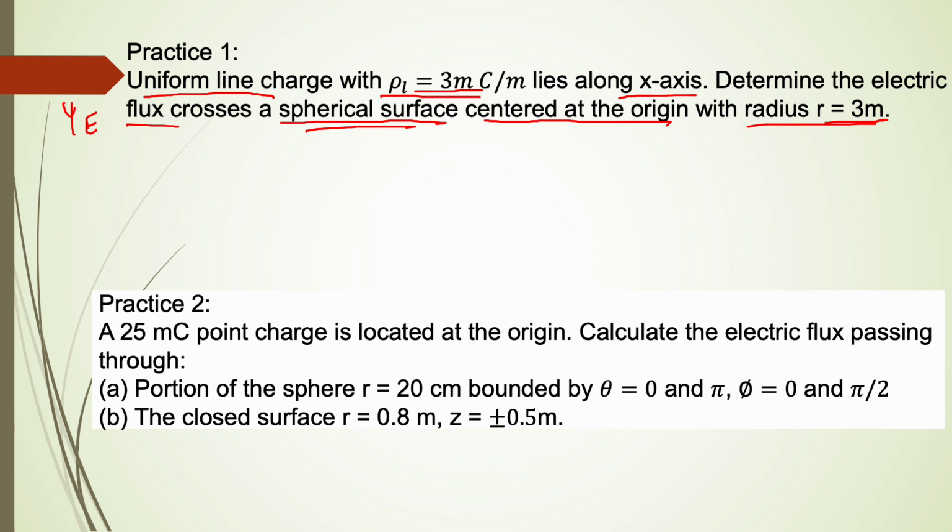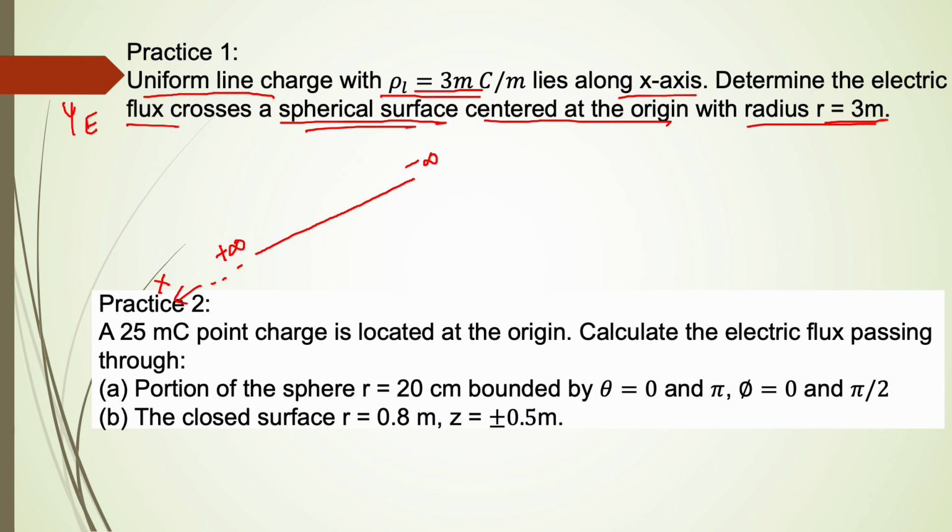So if we illustrate the structure, we have an infinite line. We don't know where it starts and where the line extends to. So we know it is an infinite line along the x-axis.